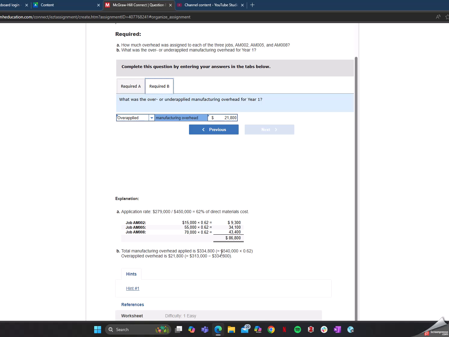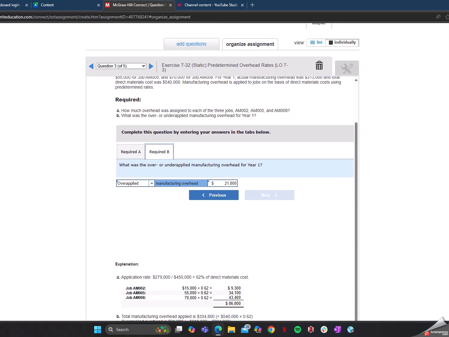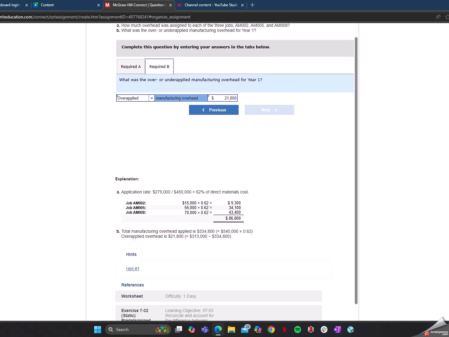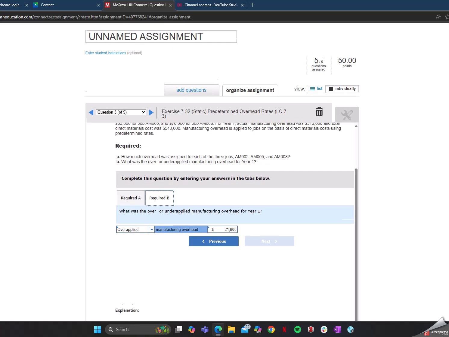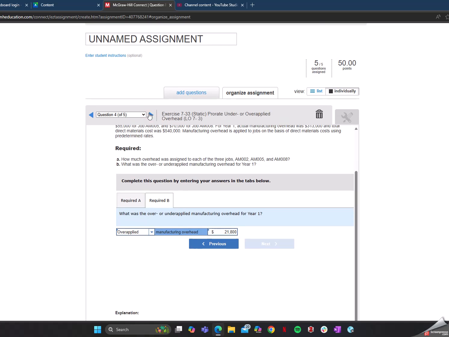So their total would have been the $540,000 of direct materials times the 62%. Compare that to the over and under applied. So they have more than just those 3 jobs. And again, in this case, the applied was more than the actual, so it makes it over applied instead of under applied, like the last one.